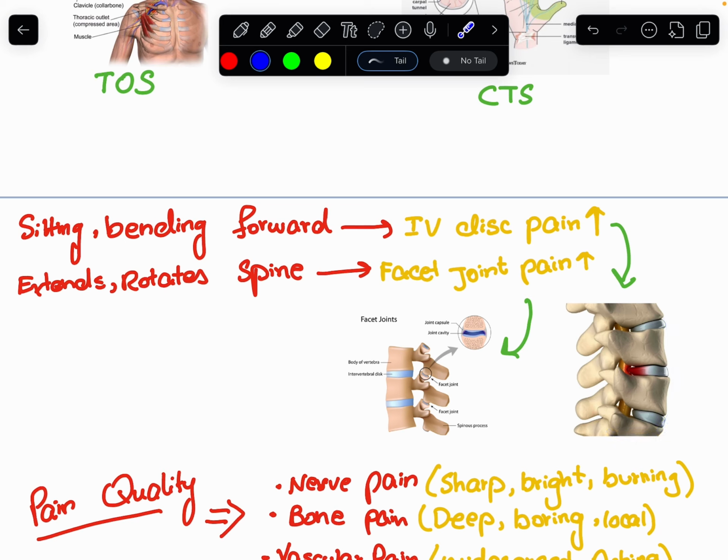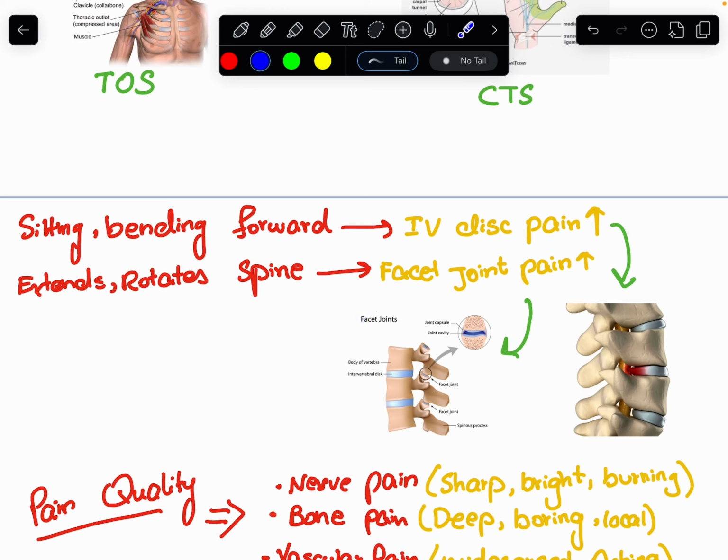Another thing, if the patient says that the pain increases when he or she twists, meaning rotates the spine to a certain movement, left or right, and this causes pain, then you can assume that it could be facet joint involvement.